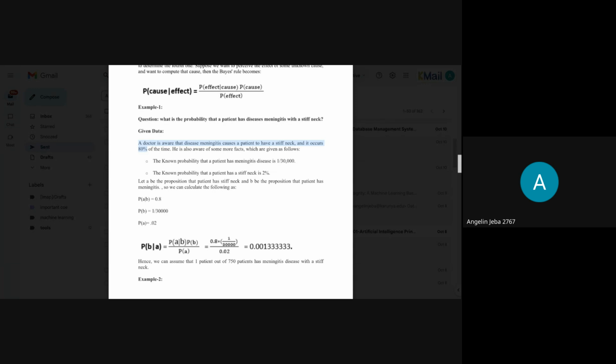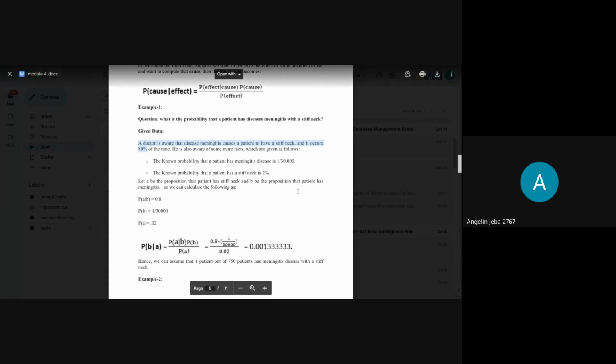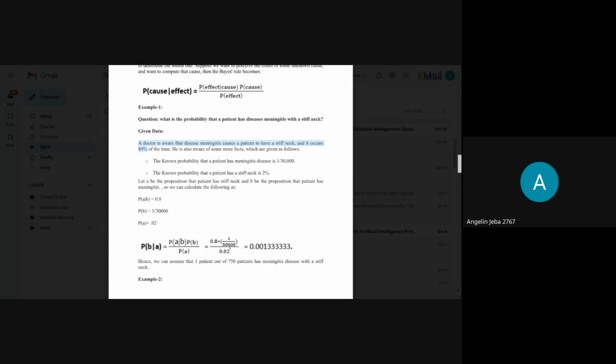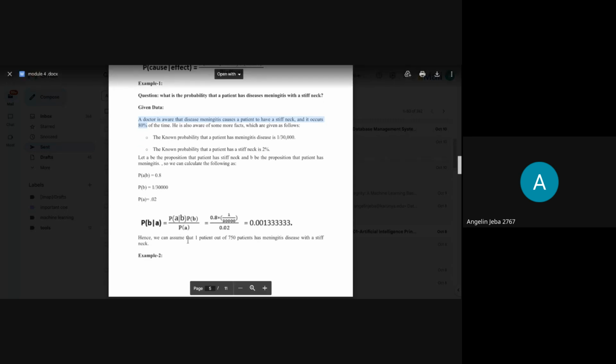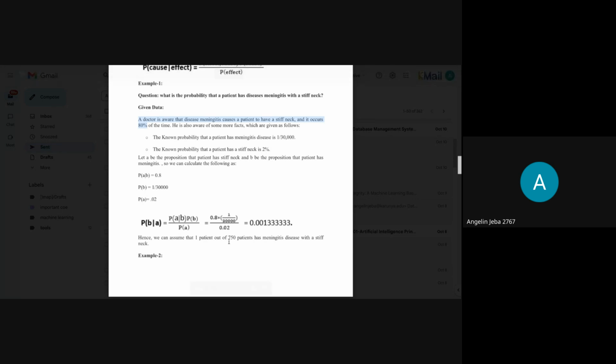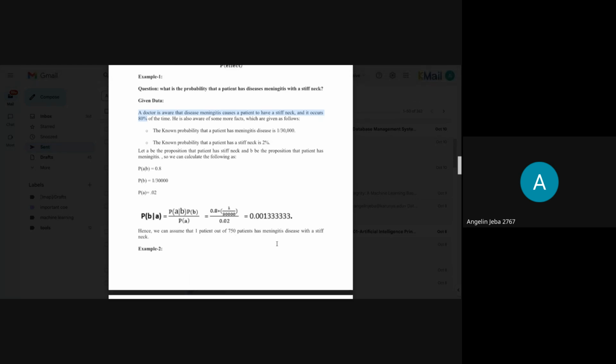So 80%, which is 0.8, into 1 out of 30,000, which is a very low percent. So we can assume that about one patient out of 750 has meningitis related with the stiff neck.